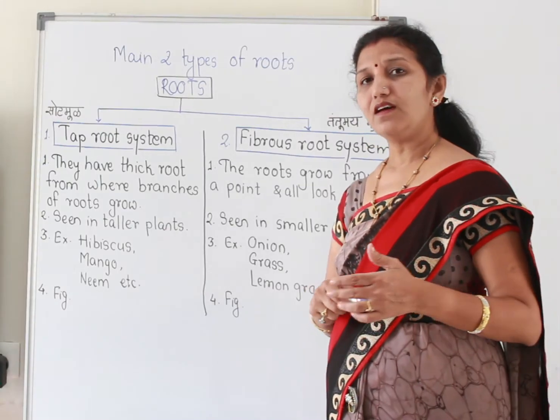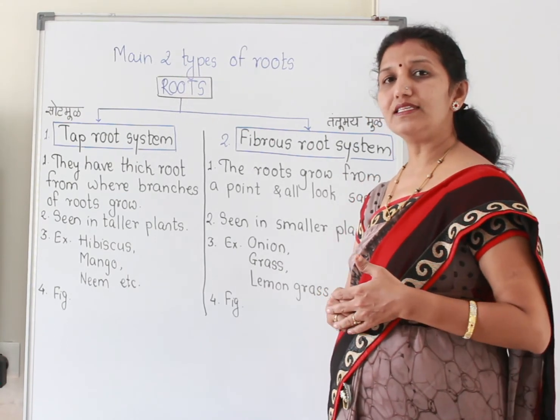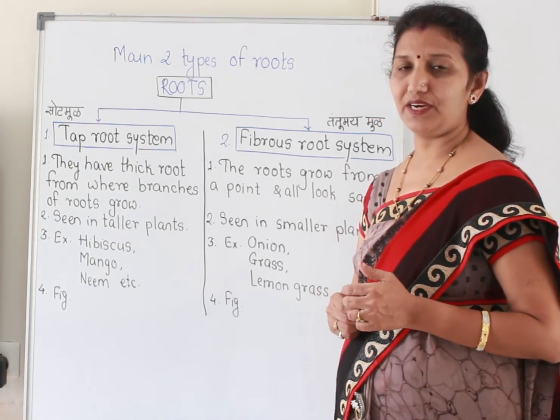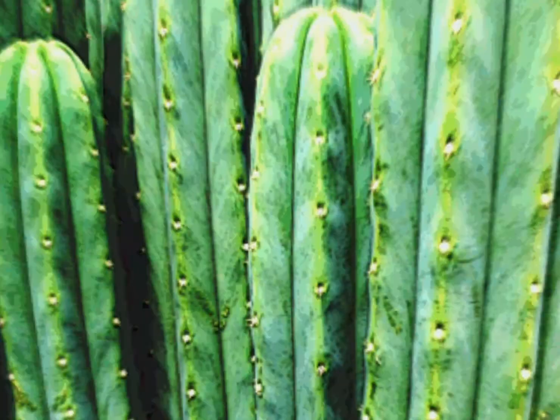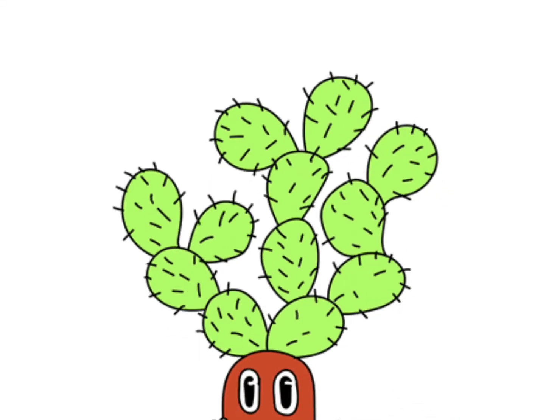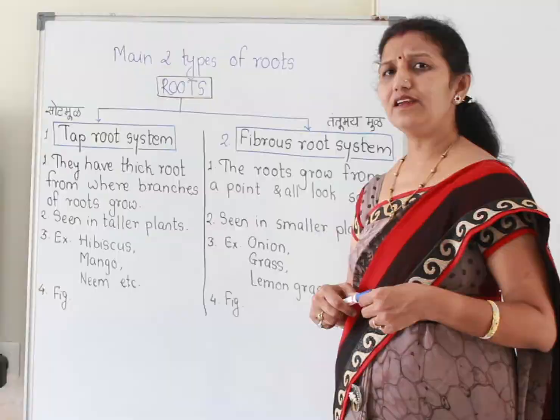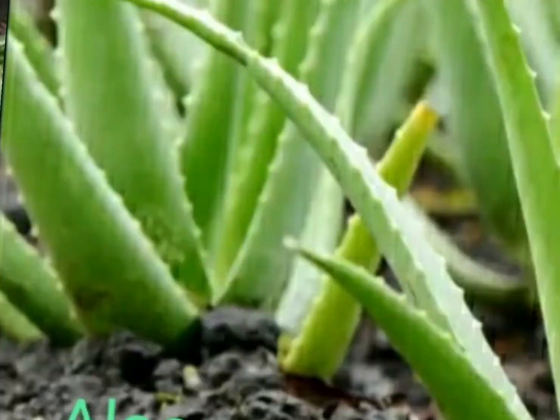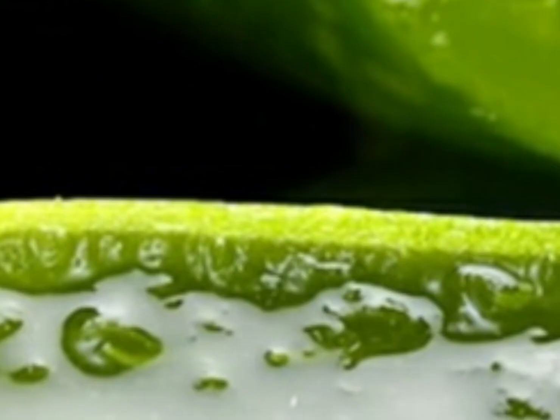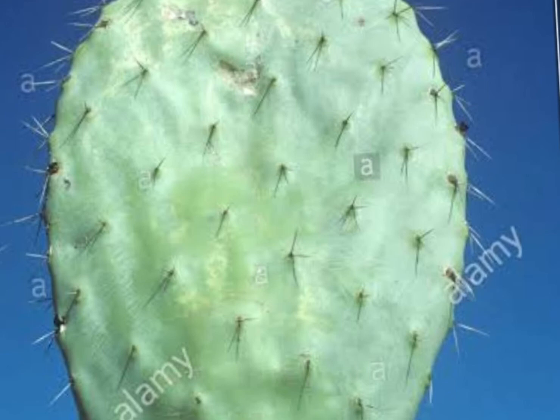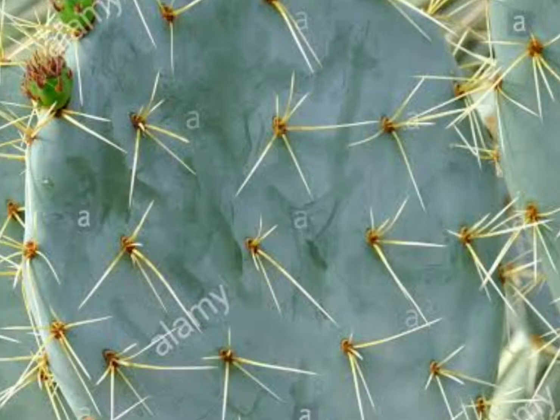Now, we will see why the stem of cactus is fleshy. See, cactus is a desert plant. It grows in the desert. There is a shortage of water, and because of that, cactus stores water in it, and because of this storage of water in the stem, this cactus becomes fleshy.